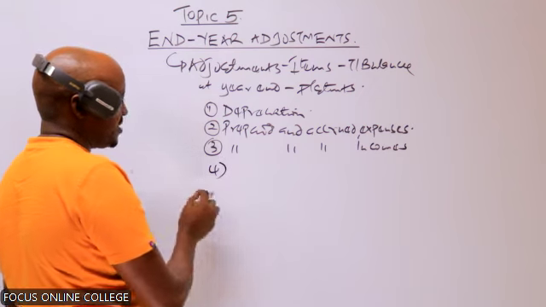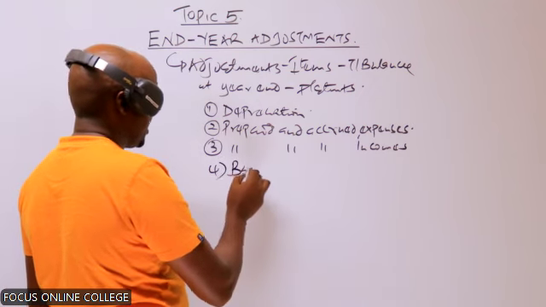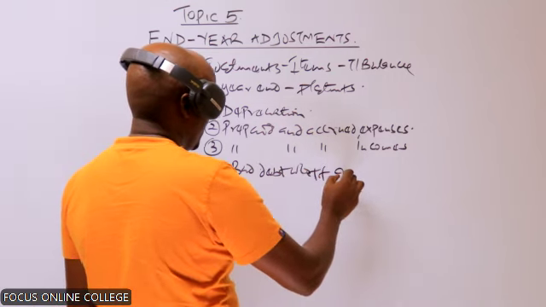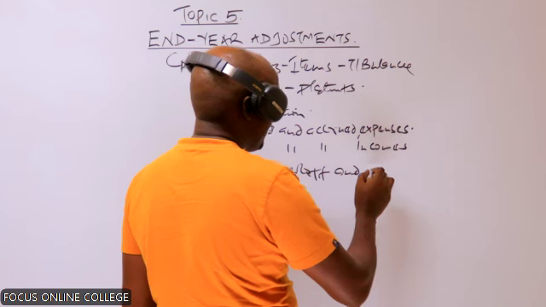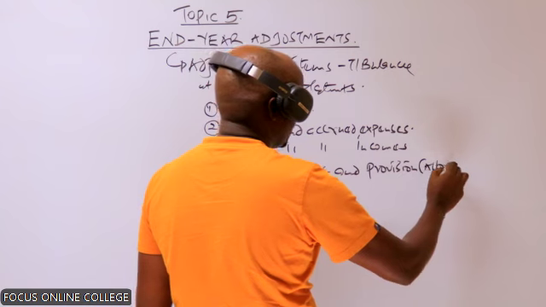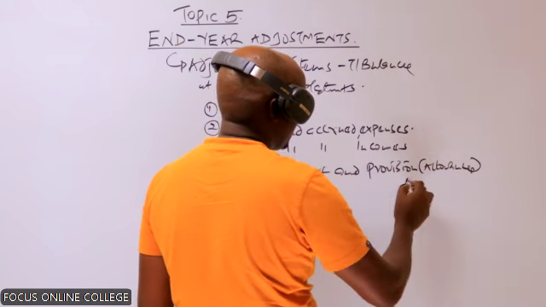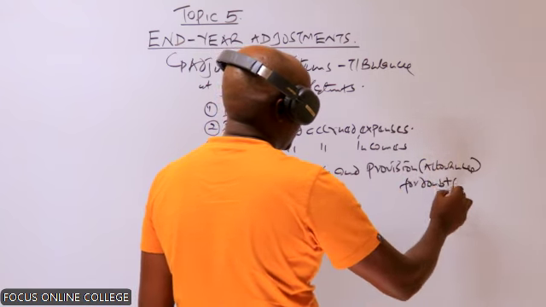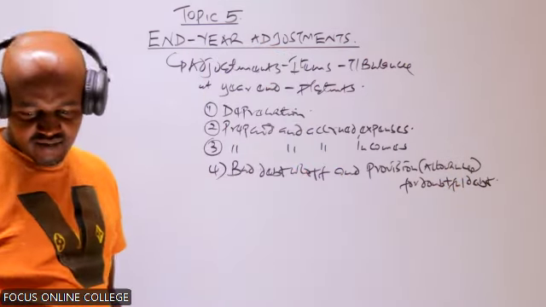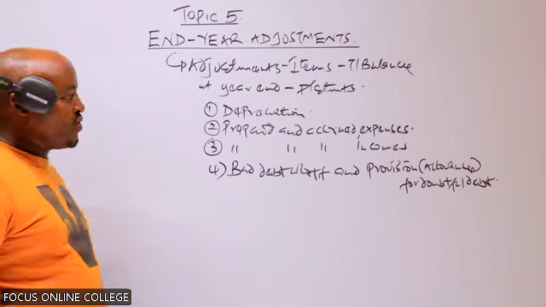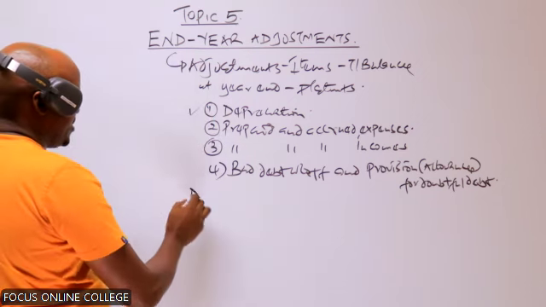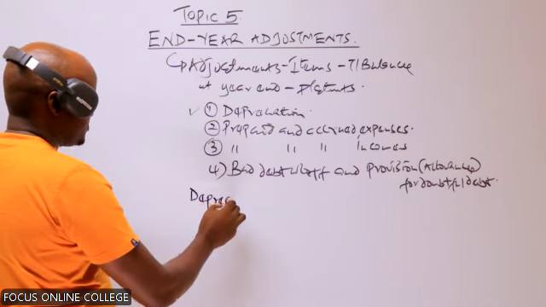And number 4, we have adjustment for something called the bad debts which are written off, and also something called the provision, stroke allowance, for doubtful debts. So basically, these are the adjustments which are made at the end of the year when preparing the financial statement. I want us to start with the first one here, and that is the depreciation.